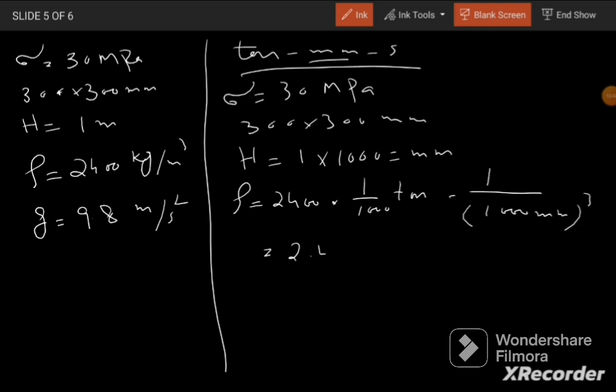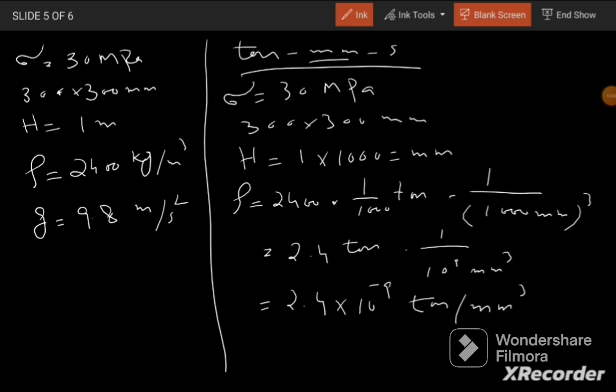So this will become 2.4 ton, and this will become 1 over 10 raised to power 9 millimeter cube. So we can write it as 2.4 into 10 raised to power minus 9 ton per millimeter cube. So we will substitute the density as 2.4 into 10 raised to power minus 9 ton per millimeter cube instead of 2400 kilogram per meter cube, if we have selected our basic unit as ton, millimeter and second.